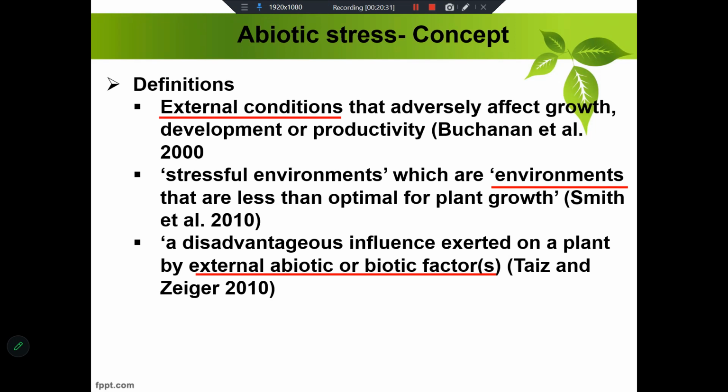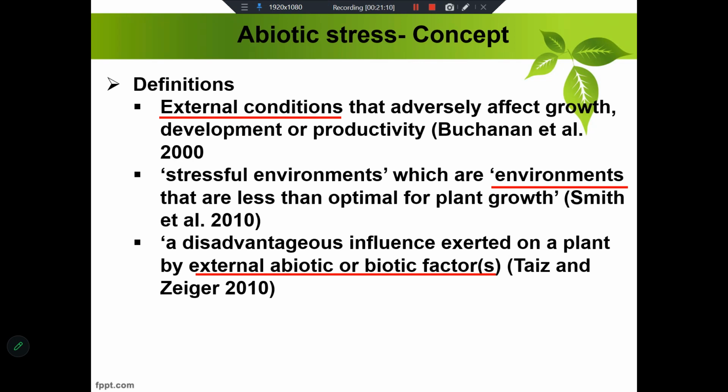The second one talks about stressful environments, which are environments that are less than optimal for plant growth. So they have defined stress as related to the environment. Someone already mentioned optimum plant growth, and if the environment is supporting less than that optimal condition, then that will be a stressful condition for the plant.